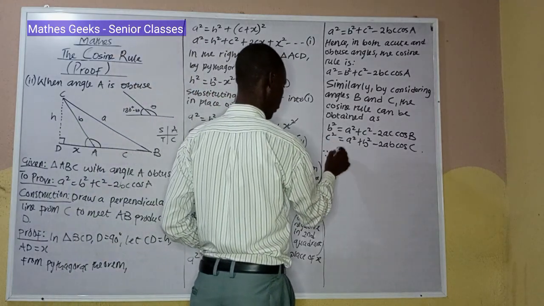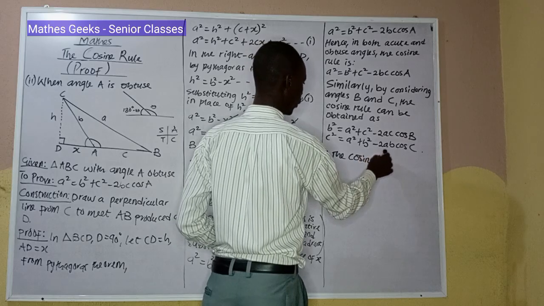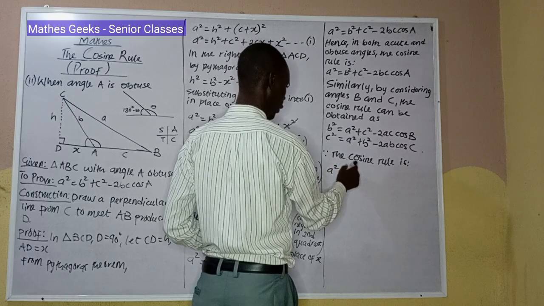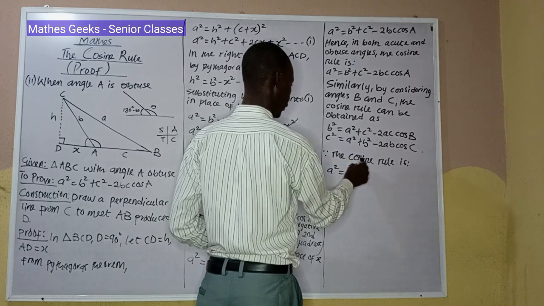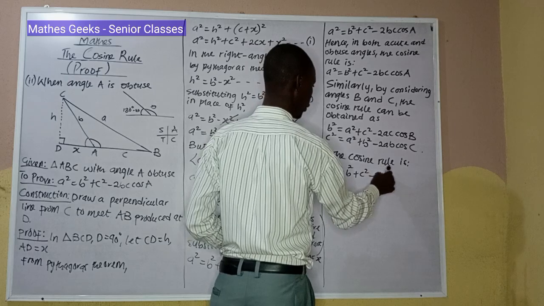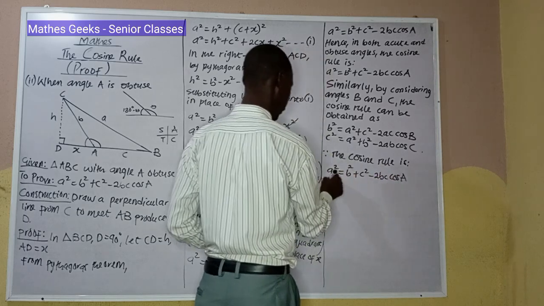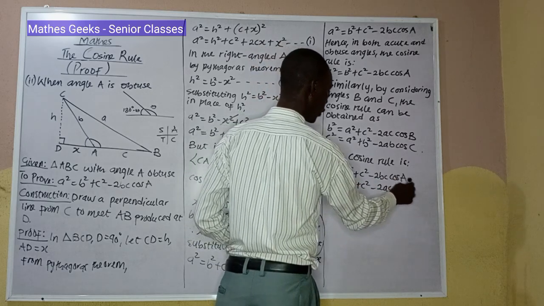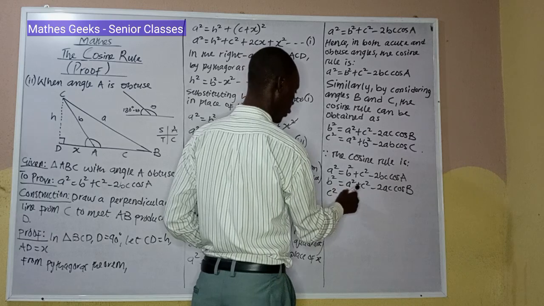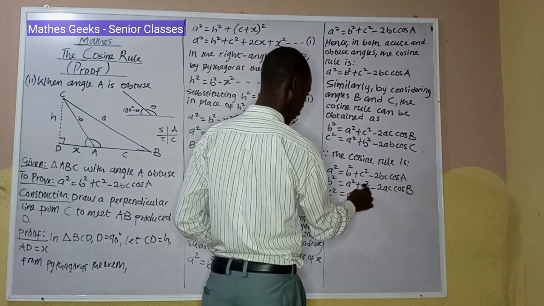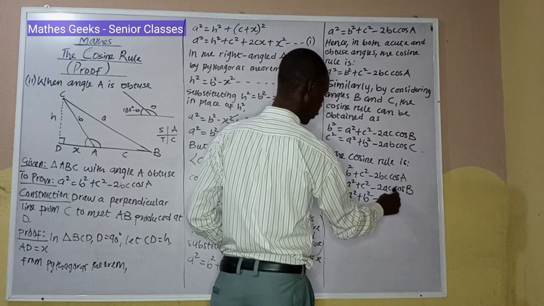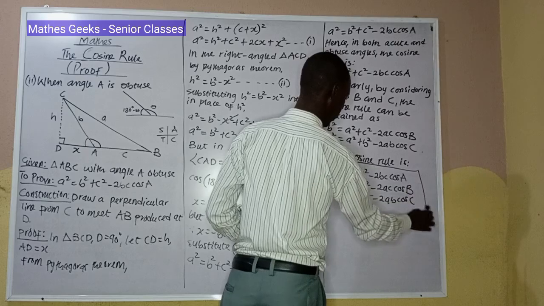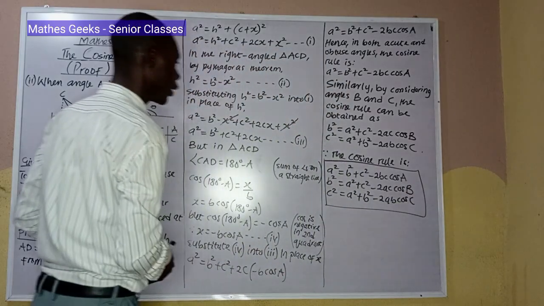Therefore, the cosine rule is a squared equals b squared plus c squared minus 2bc cos A, b squared equals a squared plus c squared minus 2ac cos B, c squared equals a squared plus b squared minus 2ab cos C. So that's the cosine rule.